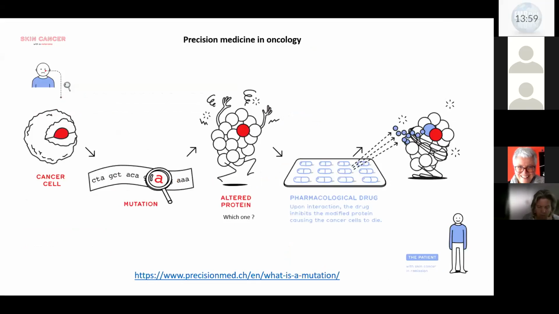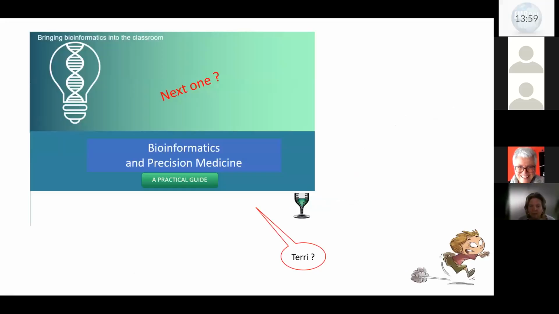And this is also something which could be found in a practical guide, where we explain how we look for the mutations in cancer cells, how we look for the impact of the mutation and which protein is altered, and then how we could add a drug which could target the altered protein. So this could also be a next practical guide if Terry would agree.